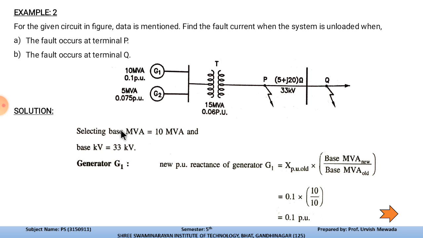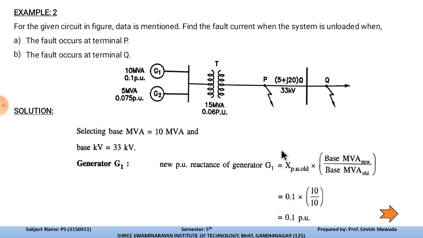Now, selecting the base MVA: we need to select the highest value of the MVA, that is 10 MVA, and we can calculate the example for the given system. The base kV is given over here for the line, that is 33 kV. For generator G1, let us calculate the new PU reactance: X PU new is equal to X PU old into base MVA new divided by base MVA old.